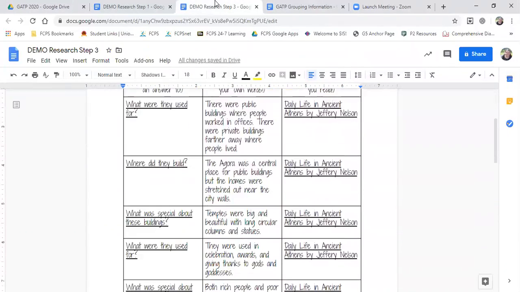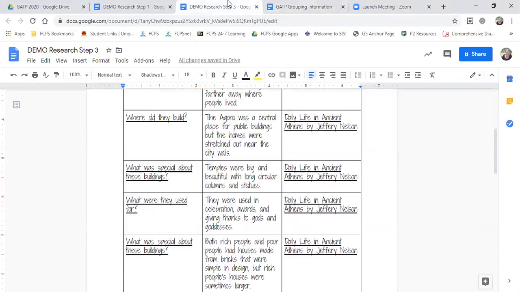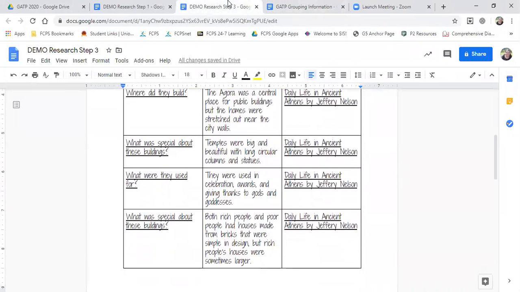And these homes were usually near like the city walls. And then down here, I know that the rich people and poor people had houses made of bricks, and they were simple in design.